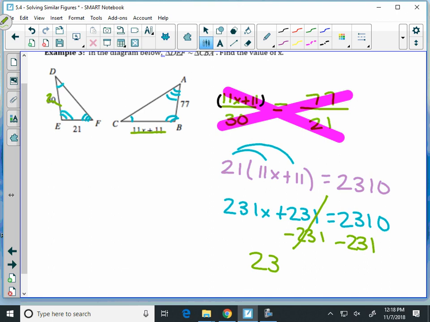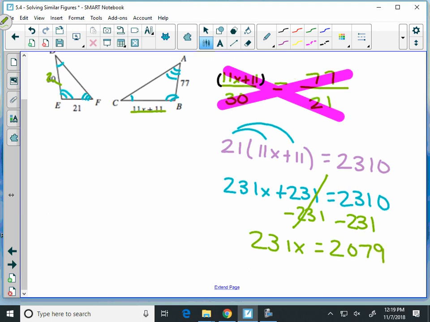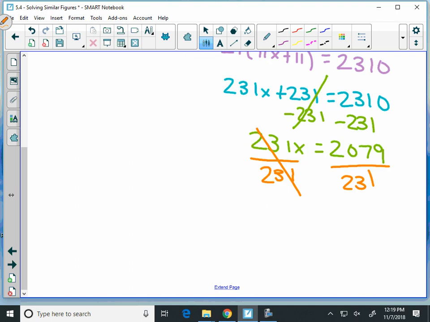Cancels. 231x is equal to, what's 2,310 minus 231? 2079. And then our very last step, what do we have to do with that other 231? Divide. And when we divide, x ends up equaling what? And we're done.